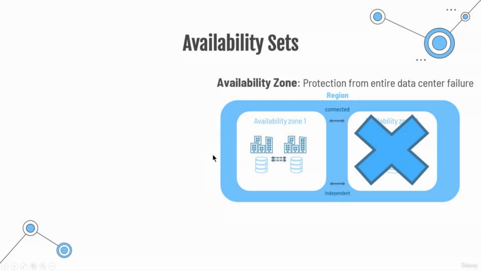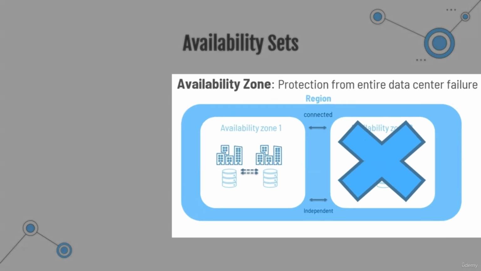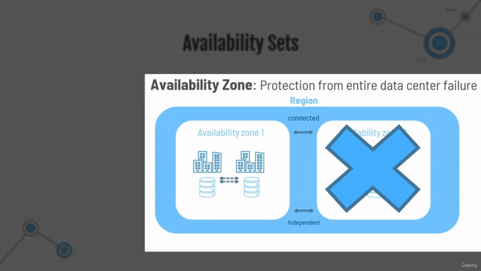Let's now talk about the so-called availability sets. This is different from the availability zones that we've talked about previously. So as a reminder, the availability zones protect from an entire data center failure.